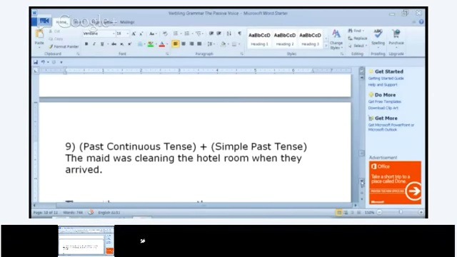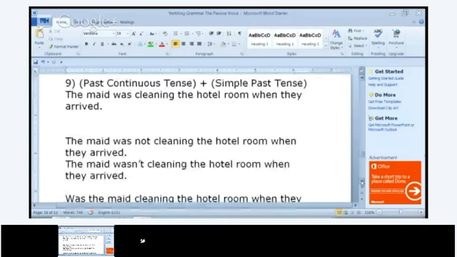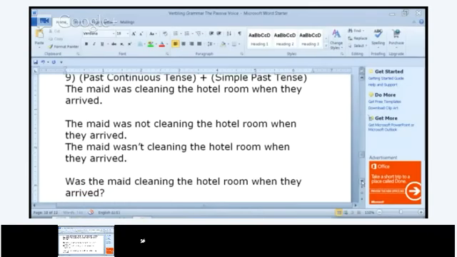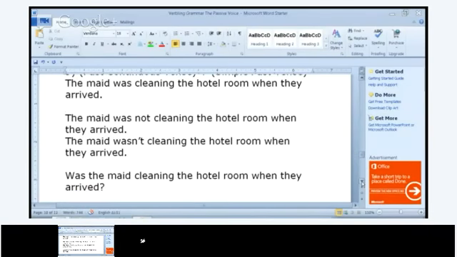Okay. So these are the ideas that I would like you now to change to the passive voice. And what we're going to do is we're going to focus on the hotel room. Let's say that it's obvious that one of the cleaning staff was cleaning the room.